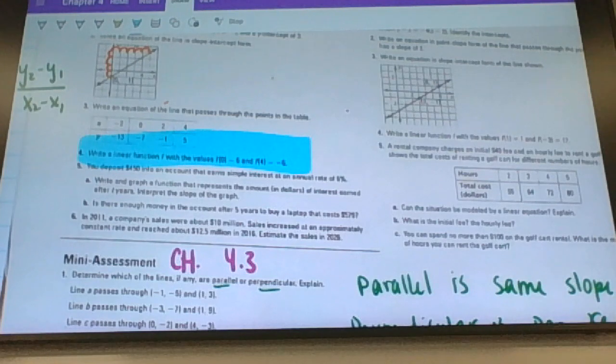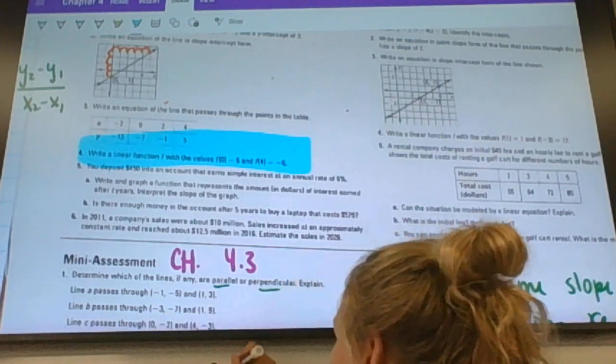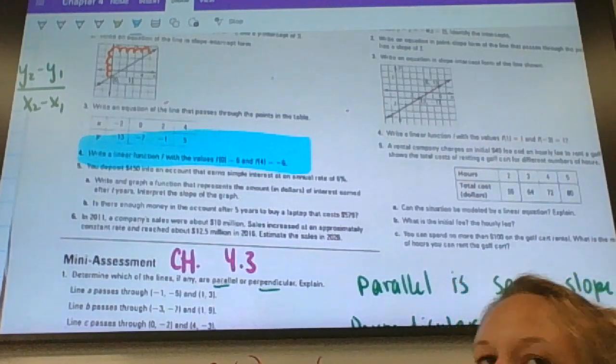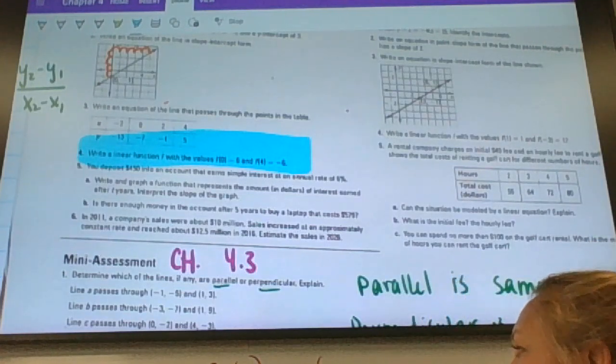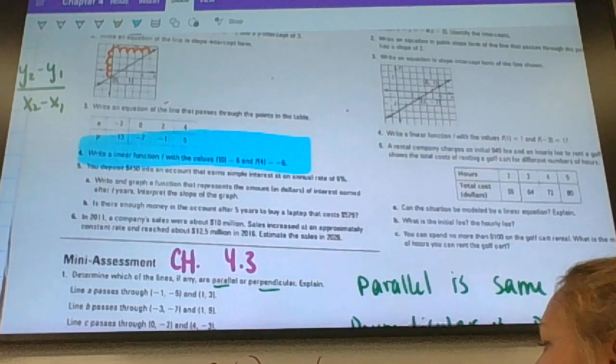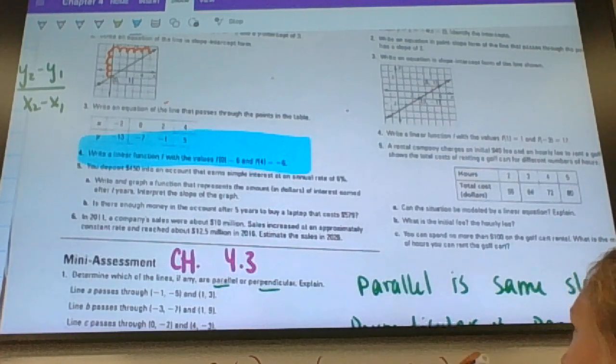All right. So this is called function notation, and you need to write it as an ordered pair. This is the x value. This is the y value. So this is a point 0, -6. And this is another point 4, -6.